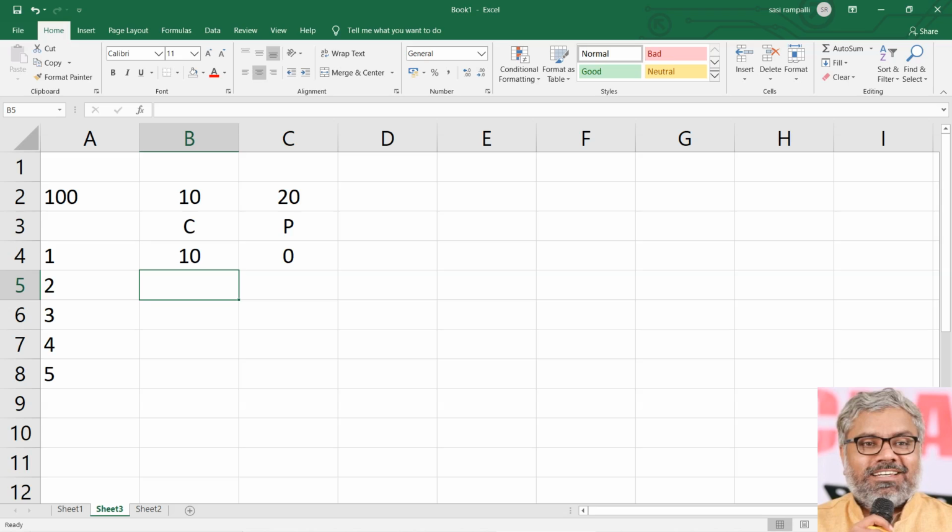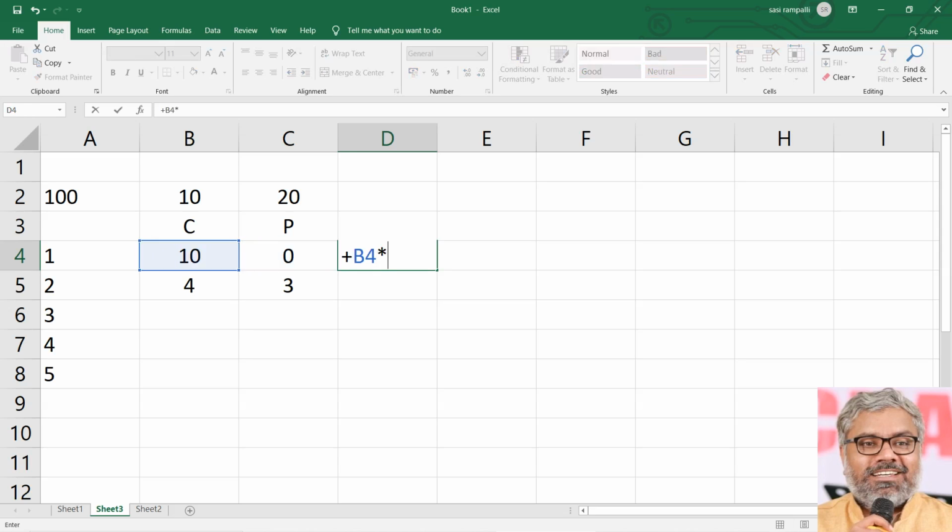Or let us say if you buy 4 chocolates, then you can buy 3 pens, right? 4 chocolates 40 rupees, 3 pens 60 rupees. So total 100 is okay. That is fitting in the budget.